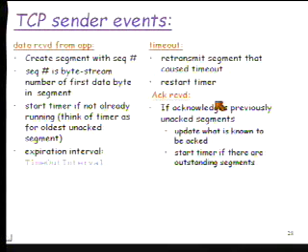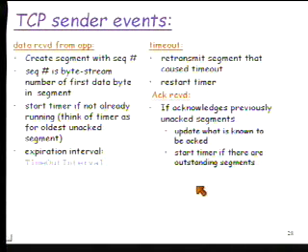When you receive the acknowledgement at the sender, if the acknowledgement acknowledges previously unacked segments, then you update what is known to be acked, so you can move your send base across, you can send out fresh packets, so the sender knows what the receiver has received, and you start a timer if there are outstanding segments.